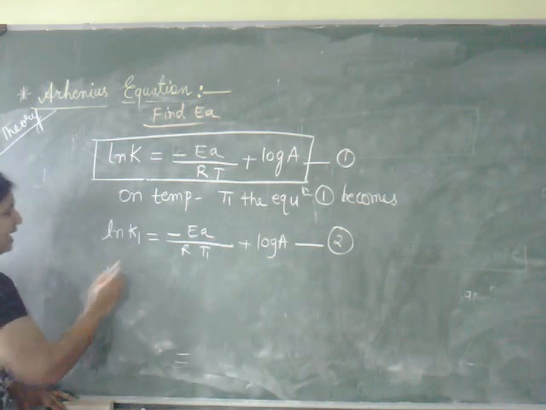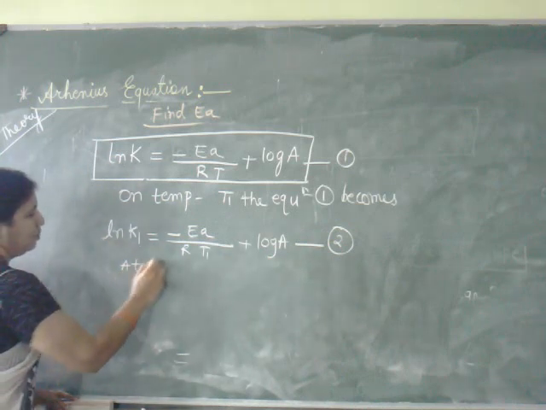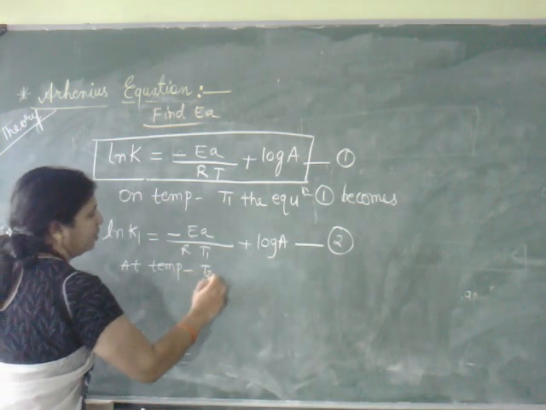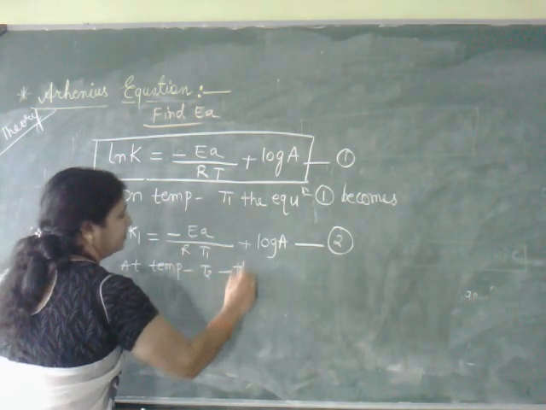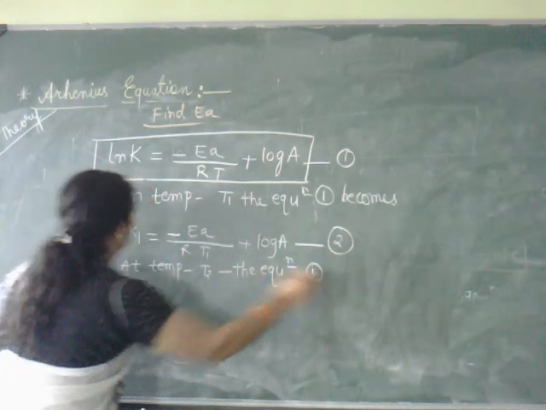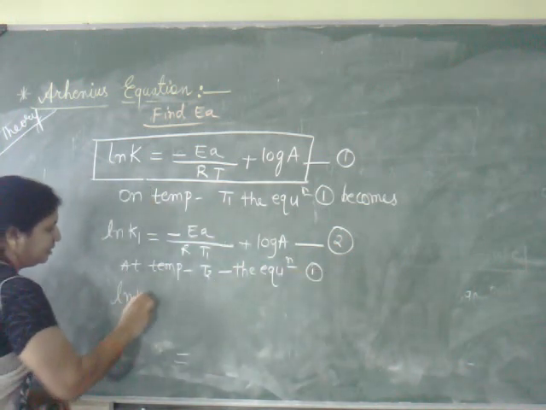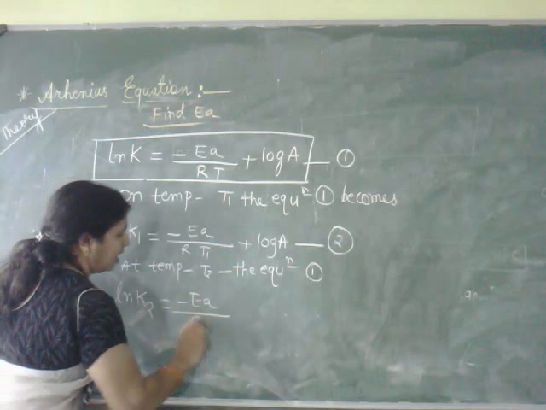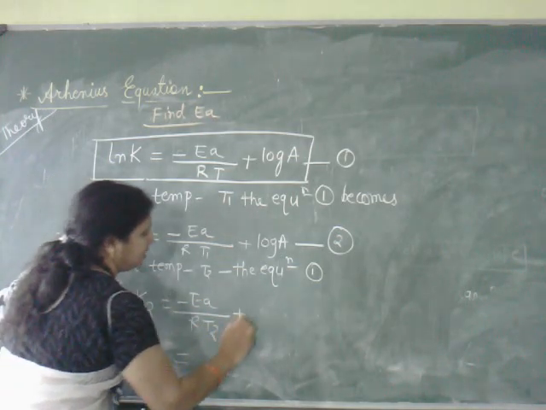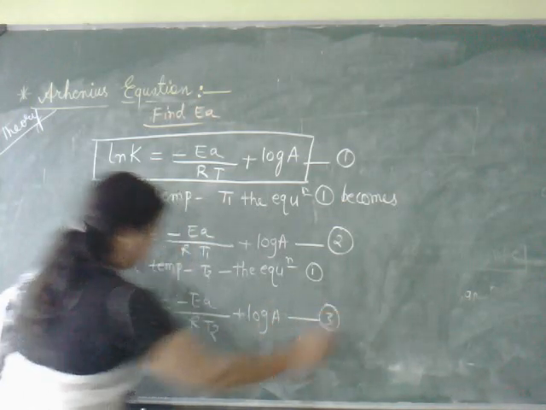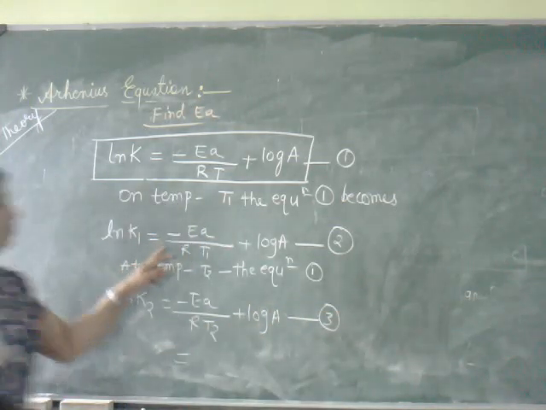Next, at temperature T2, the equation becomes ln K2 is equal to minus Ea by RT2 plus log A. This is equation number 3. Okay, so we have two equations.